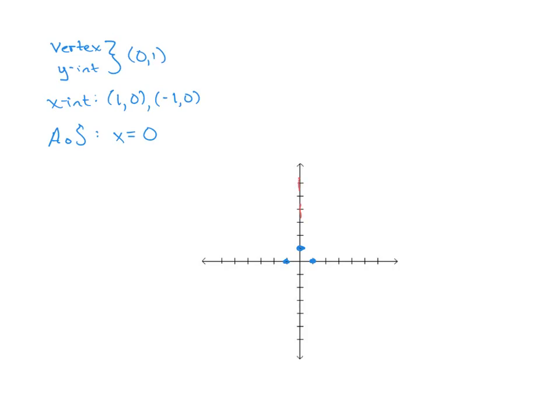Our axis of symmetry is the y-axis. And now if we go ahead and draw this, it should look something like this. Label our points. And we're done.